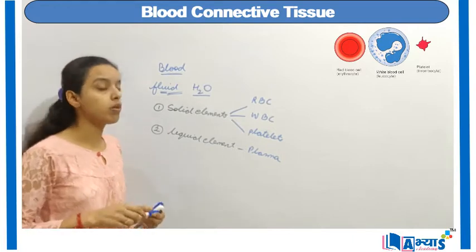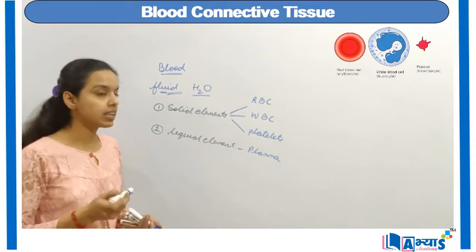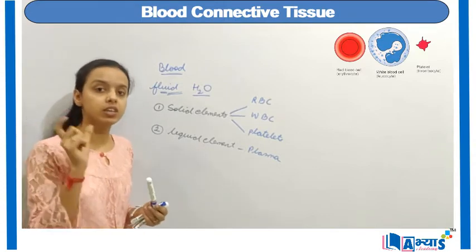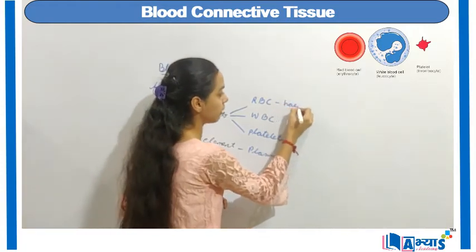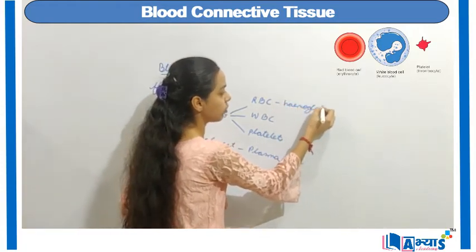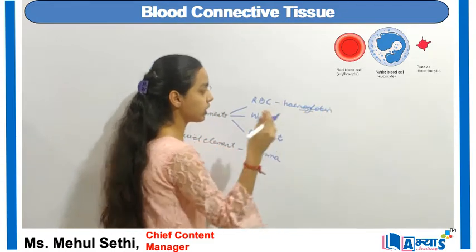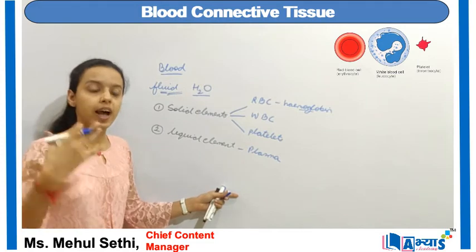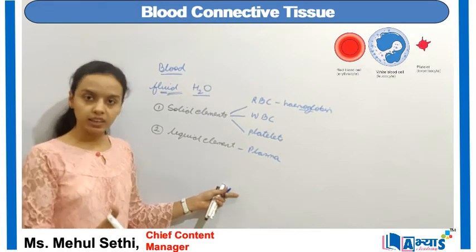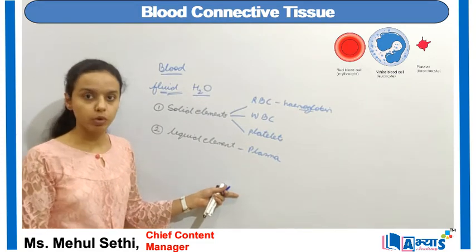When we talk about the red blood cells, they are basically red in color because they have an important pigment, and that pigment is known as hemoglobin. Hemoglobin is the pigment which combines with oxygen and with carbon dioxide and transfers the oxygen and carbon dioxide to various parts of the body.